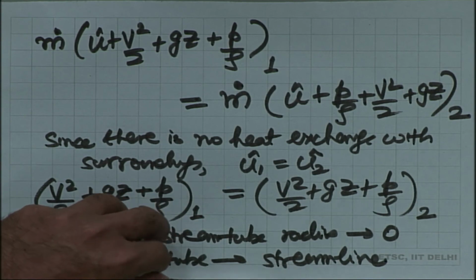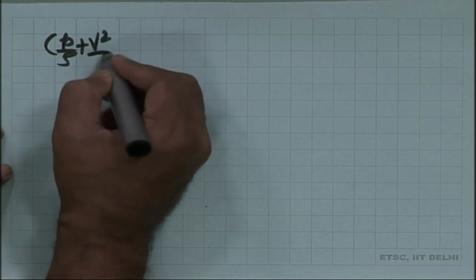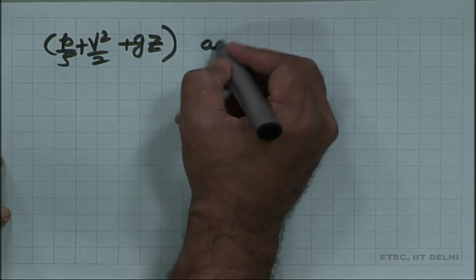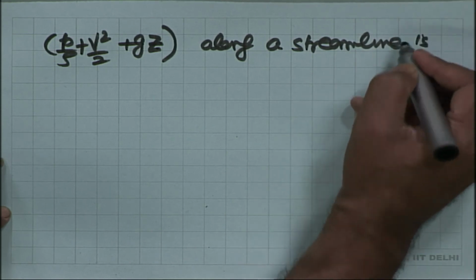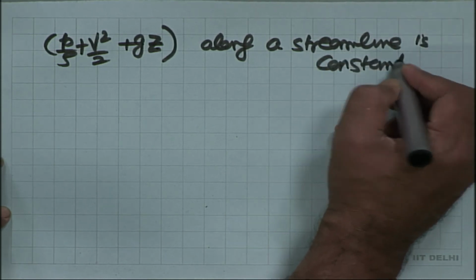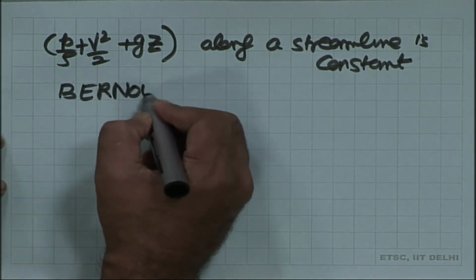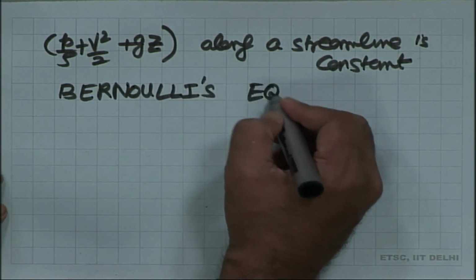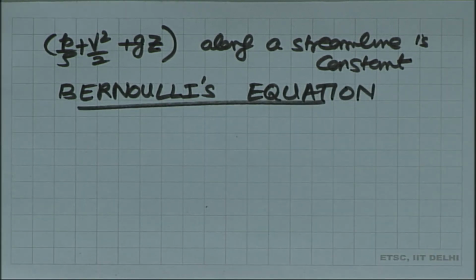And so, what we get is P by rho plus V square by 2 plus Gz along a streamline is constant, and this is what is called Bernoulli's equation. This is the Bernoulli equation of fluid flow, which we probably have been using blindly.